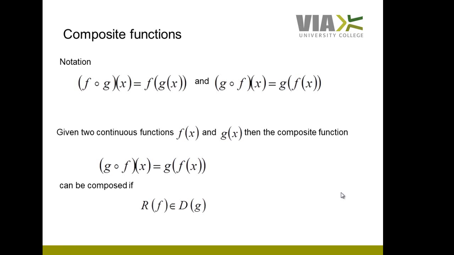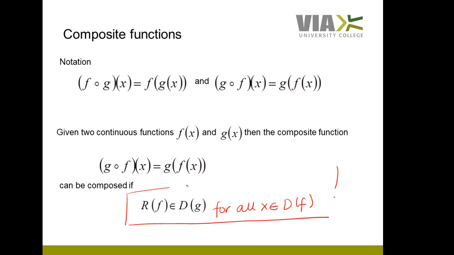If we're given two continuous functions f of x and g of x, then we can create the composite function g of f of x if the range for f of x is a member of the domain for g, for all x's being a member of the domain for f. That's the restriction which we have to consider if we should investigate for a potential composite function.